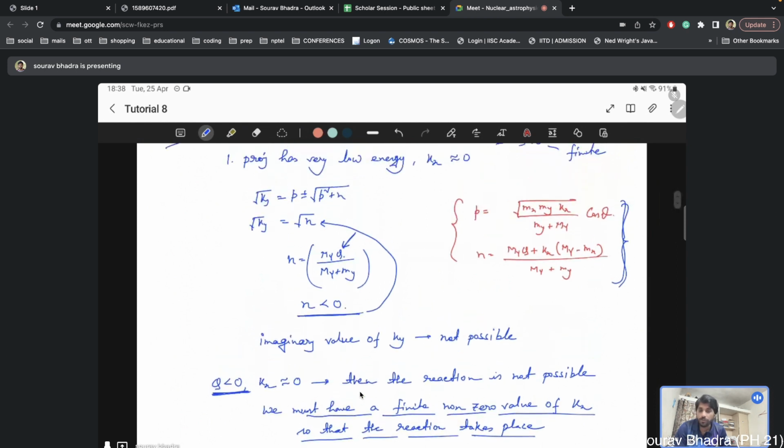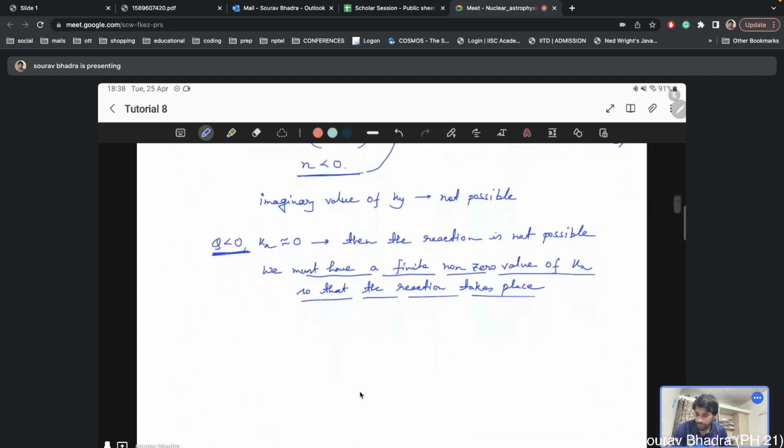But if your q is greater than 0, that condition doesn't happen, because n will be positive for a positive q value, so there will be no imaginary part. Only when your q is negative does the imaginary situation arise.